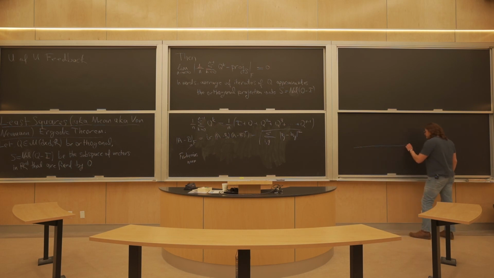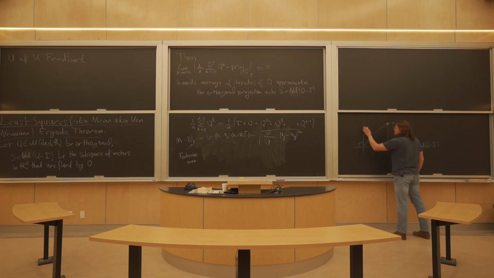Here is S, which is the null space of Q minus I. And I take a vector V. If I project it like this, this is orthogonal, and this is the orthogonal complement, S perp.